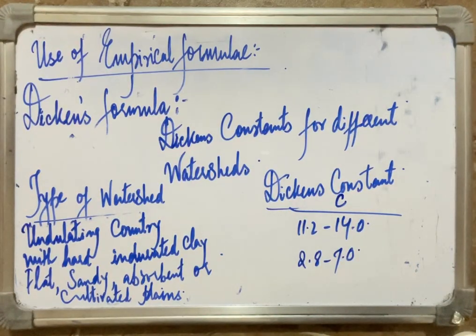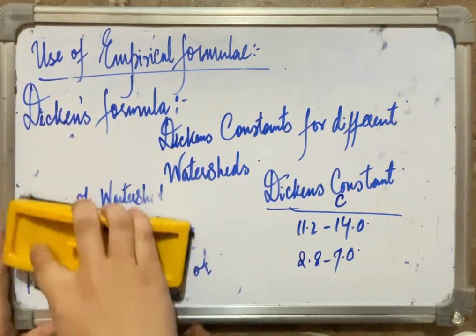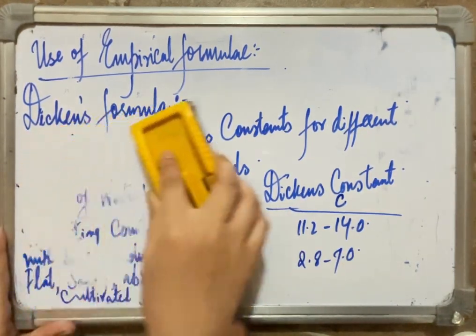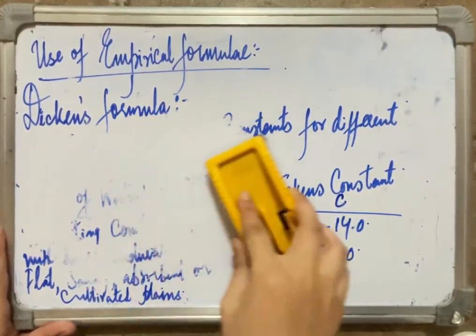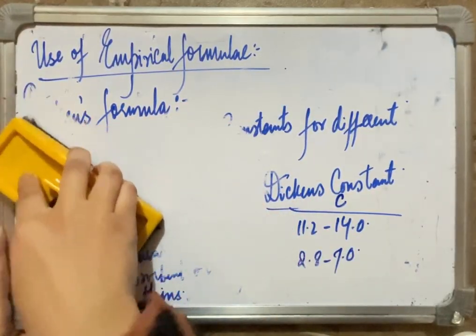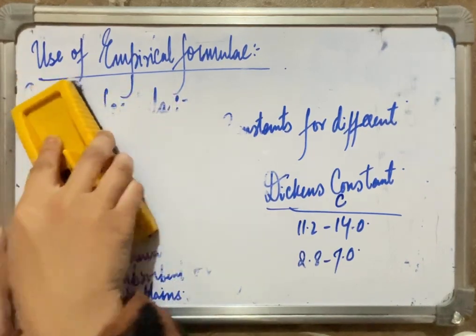So this was about the first empirical formula, the Dickens formula, which he developed in 1885 after conducting studies on the Indian rivers. The formula he gave is Q = CA^(3/4).